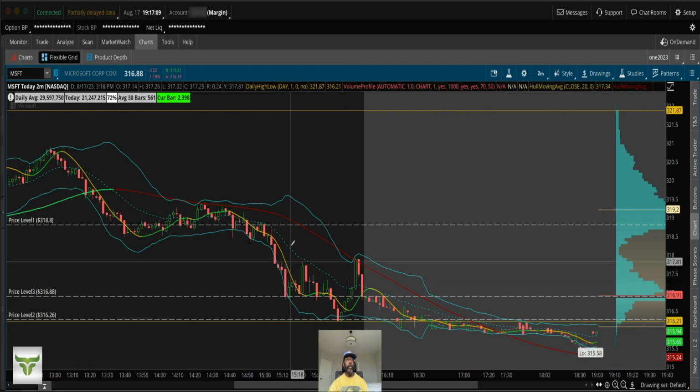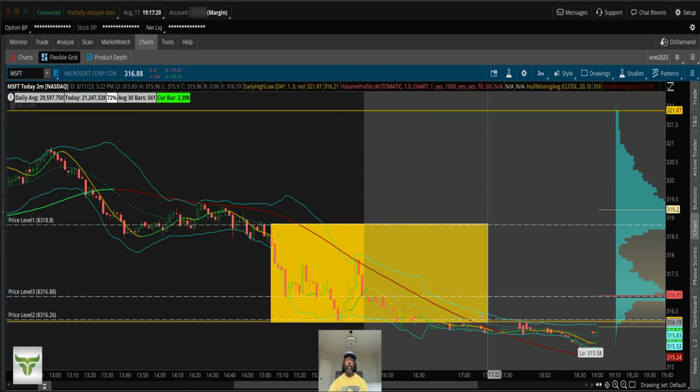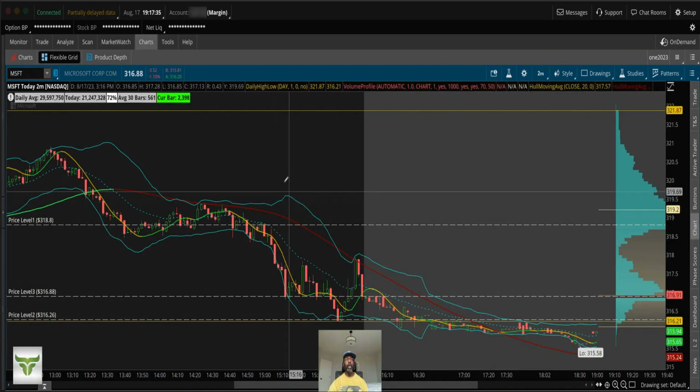There's our box for Microsoft tomorrow. Let me just draw the box for you so that you see it. There's the box for Microsoft tomorrow. 318.80, 316.88, 316.26. Let me remove the drawing.